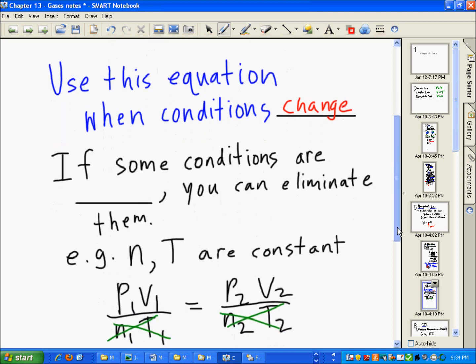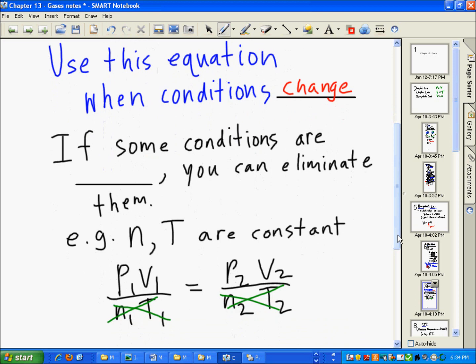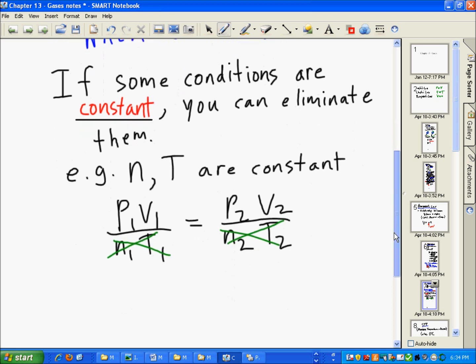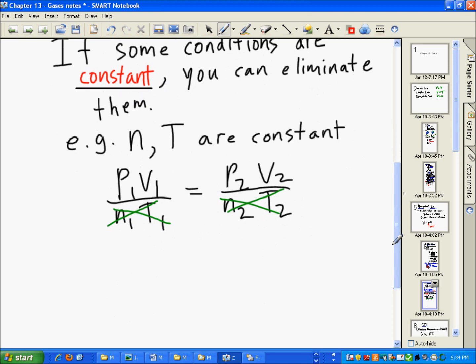If some conditions are constant, you can eliminate them, which makes things easier. So for example, if in a particular problem the moles and the temperature are not changing, then you can eliminate them. And the reason you can eliminate them is because they're the same on both sides of the equation.